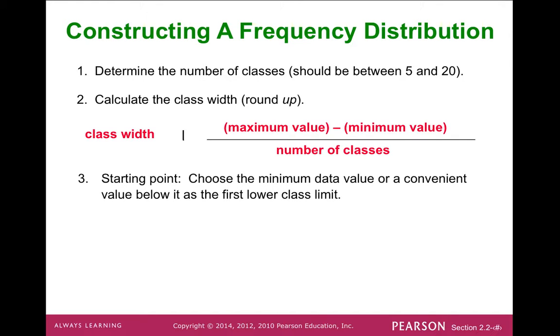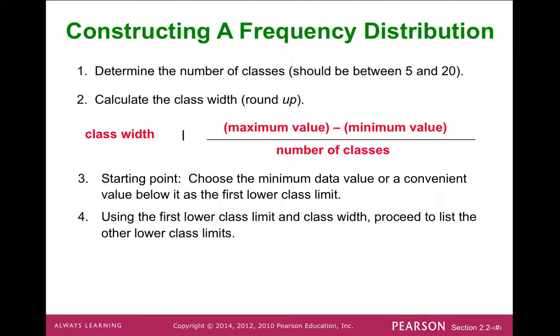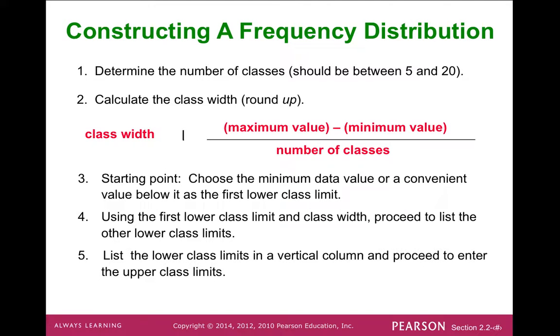Then you're going to determine your starting point. You're going to choose the minimum data value or a convenient value that's below it as the first lower class limit. Then you're going to use that first lower class limit along with the class width that you've already calculated to proceed to list the other lower class limits.